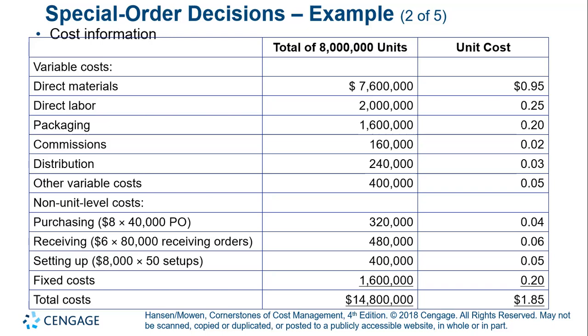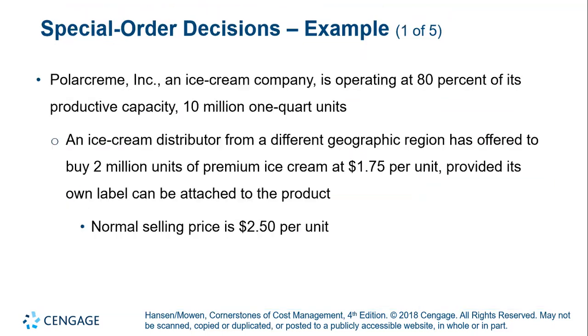Then the non-unit level cost, including purchasing at 8 per purchase order, then receiving at 6 here. We have 6 times 80,000 receiving orders, and setting up is 8,000 times 50 setups. Now you have the problem here.